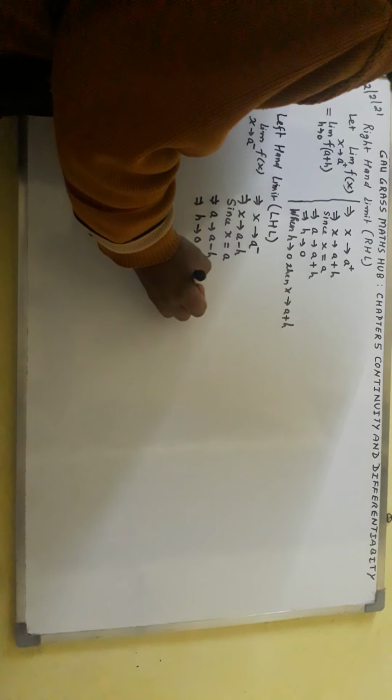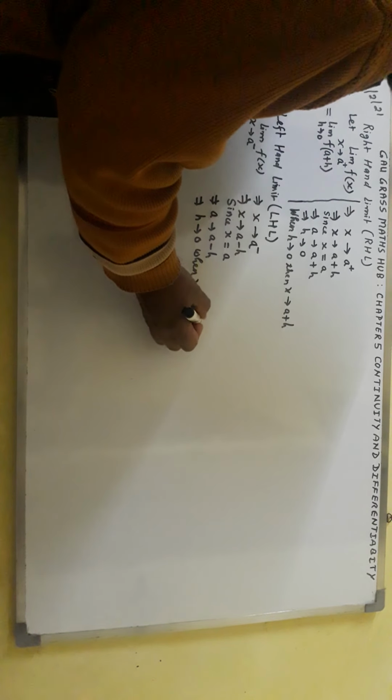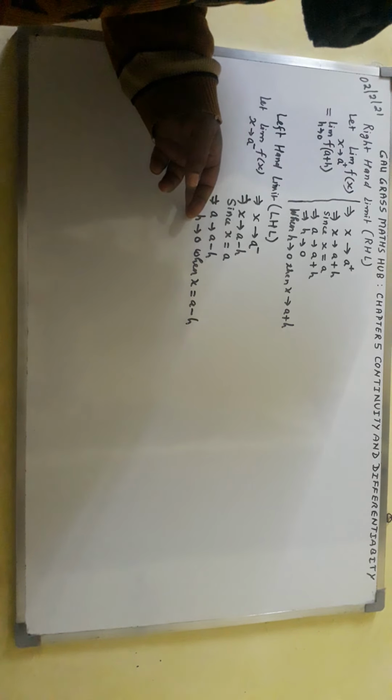In this case you can write h tends to 0 when x equals a minus h. Here minus h on the right hand side is moved to the left hand side, so it becomes h tends to a minus a, which is 0. So h tends to 0 when x equals a minus h.